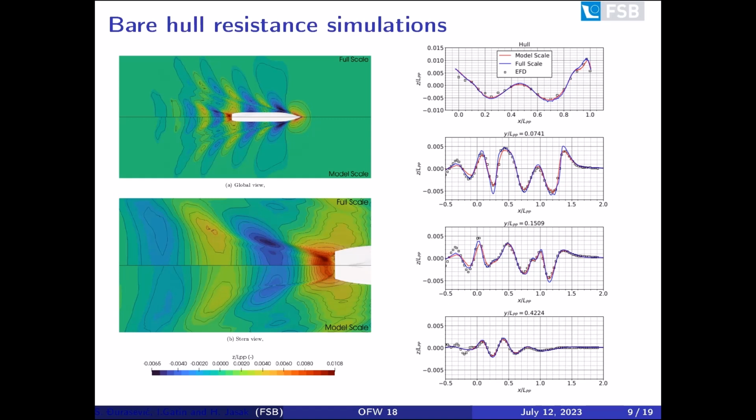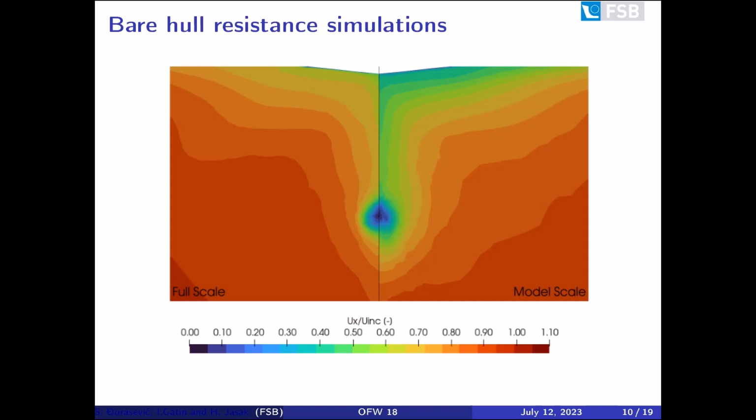Difference in boundary layer thicknesses affects wave elevation, specifically downstream of the stern, which can be observed in the figures. Viscous effects are less pronounced upstream of the stern area, so the difference in wave elevation between model and full scale is smaller. These observations imply that the wave-making resistance is Reynolds number dependent.